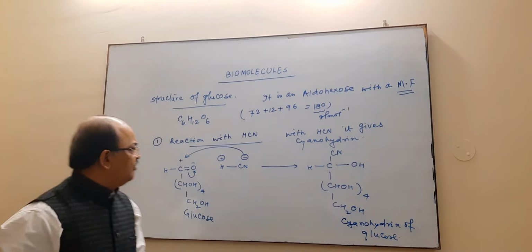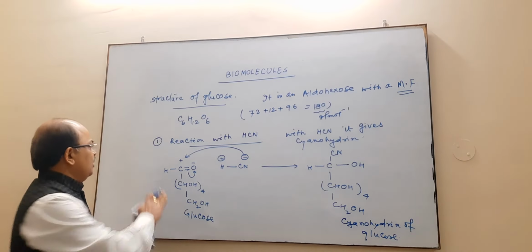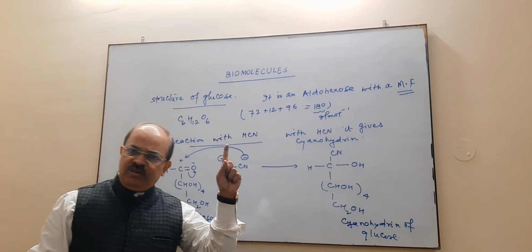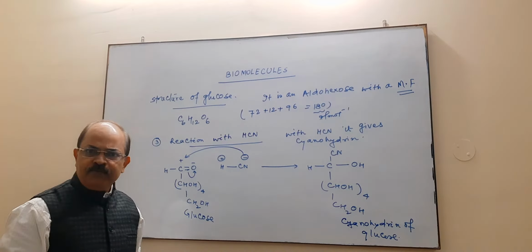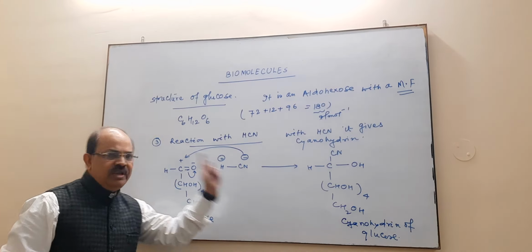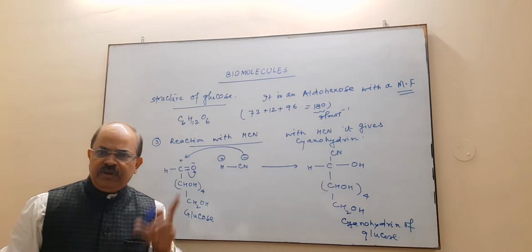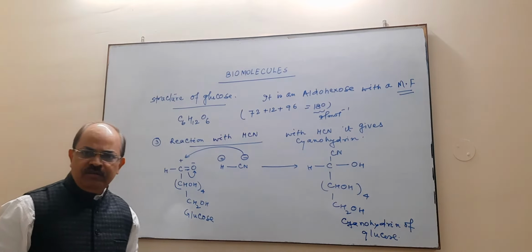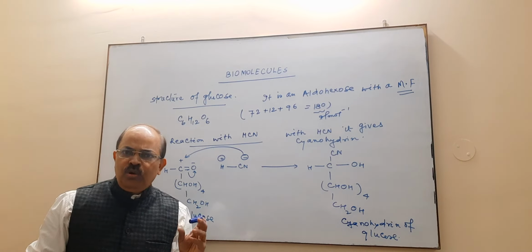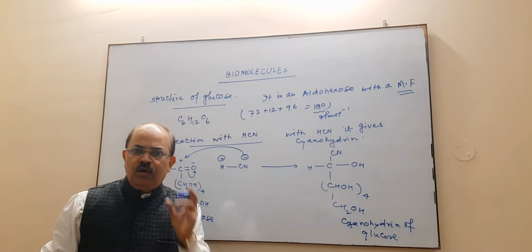Now just you observe these reactions. Actually this is your reaction number 3, because reaction with HI first, reaction with hydroxylamine second, और ये आपका third reaction. So if you observe reaction with hydroxylamine, reaction with HCN, तो ये दोनों टिपिकल रिएक्शन हमारा है कार्बोनिल ग्रुप का.